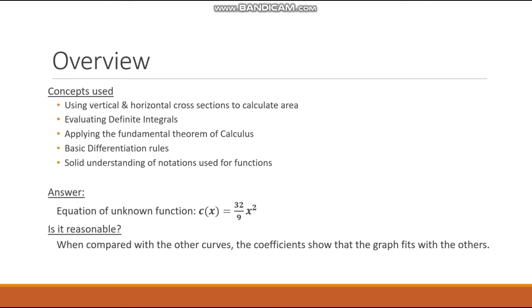Our final answer was c of x is equal to 32 over 9 x squared, which was our final equation for C. One way that you could verify this is by plugging it into your calculator, and you would see that the graph fits with the others.